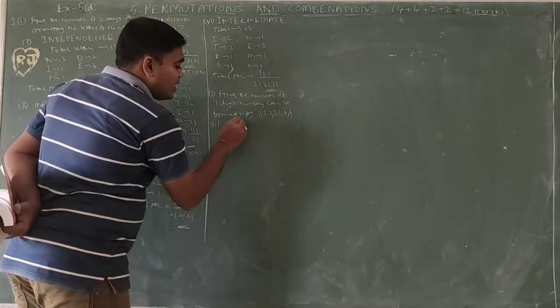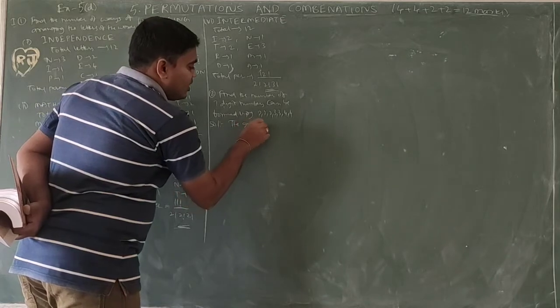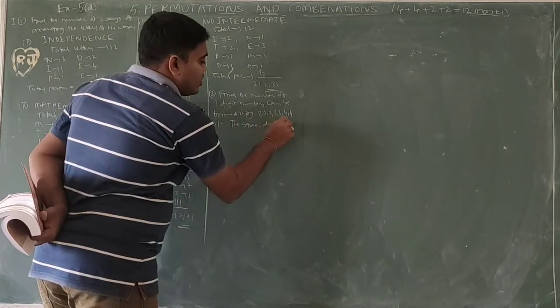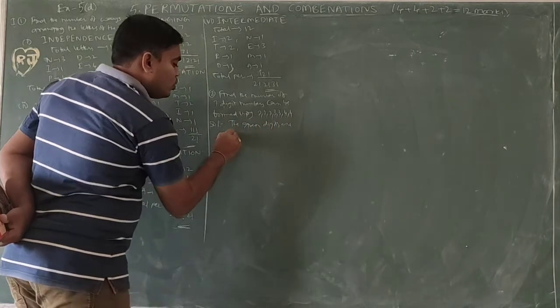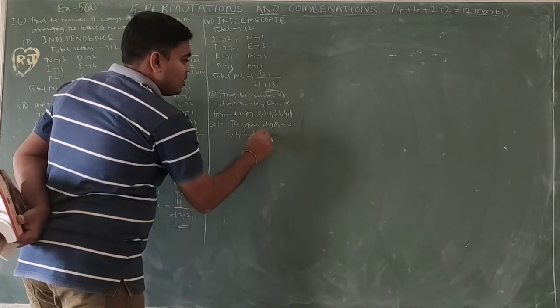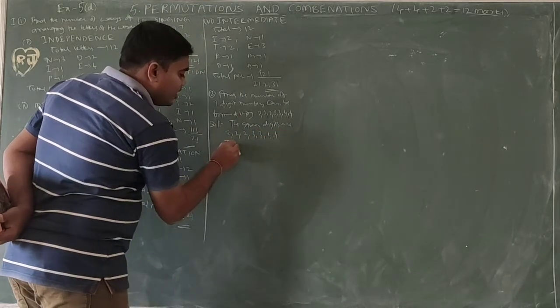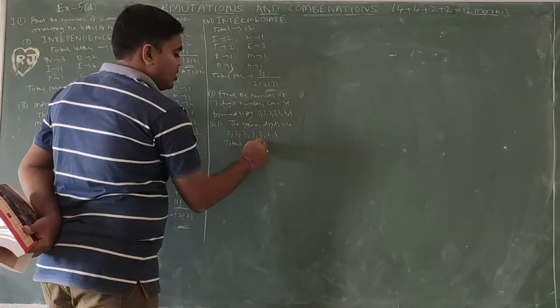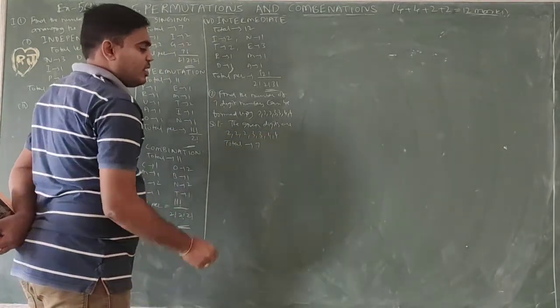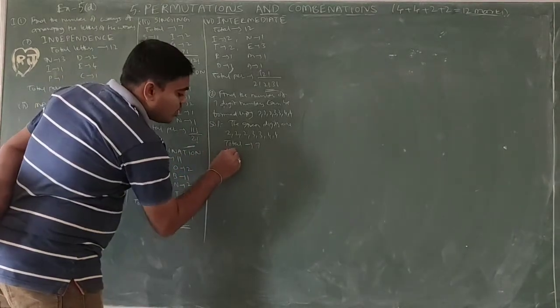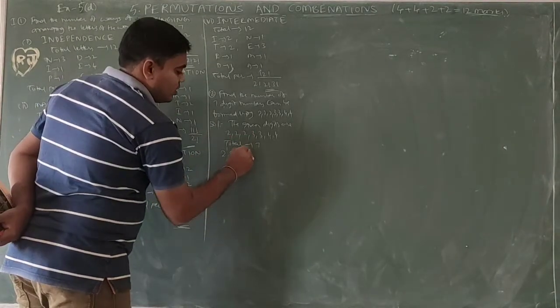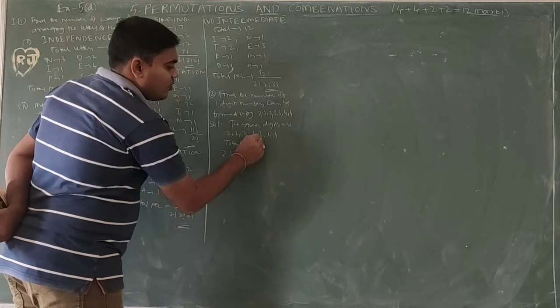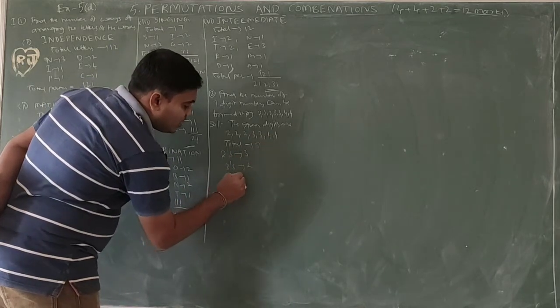Solution: the given digits are 2 2 2 3 3 4 4. Total how many digits? 1, 2, 3, 4, 5, 6, 7. So we need to arrange 7 digits. 2 appears how many times? 3 times. 3 is how many times? 2 times. 4 is how many? 2 times.